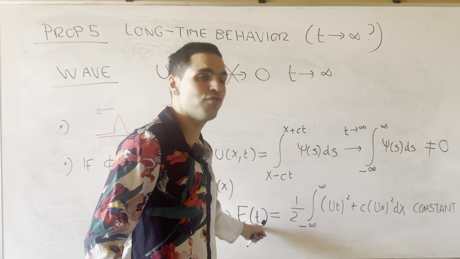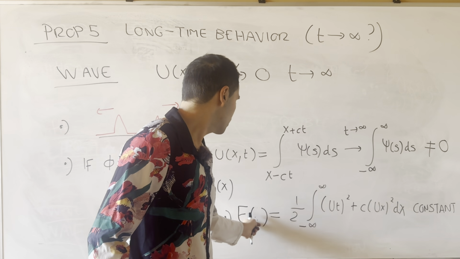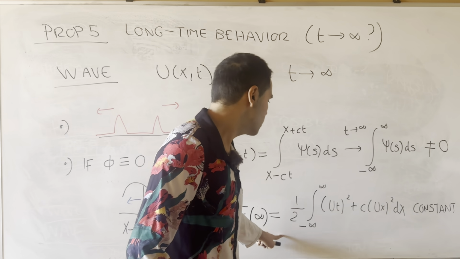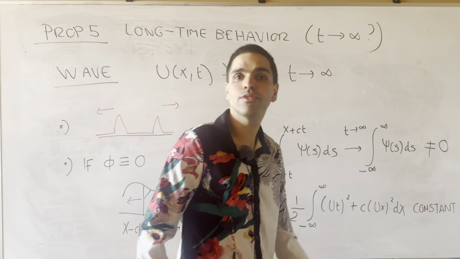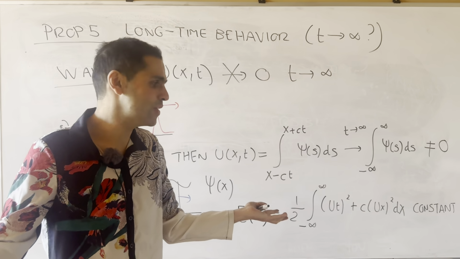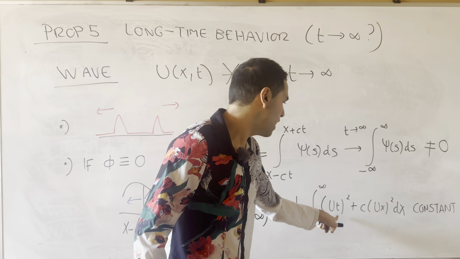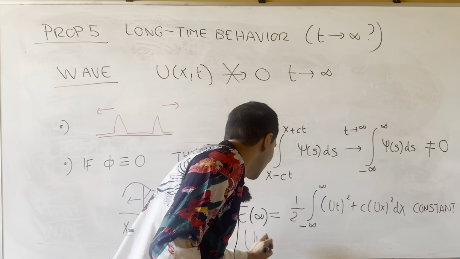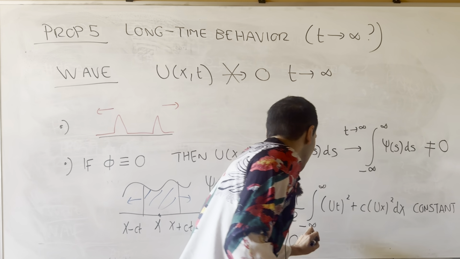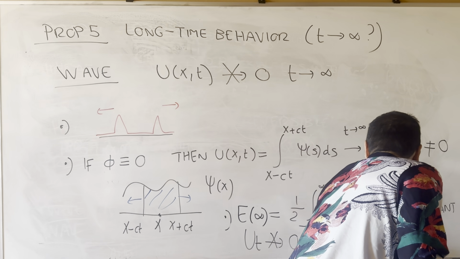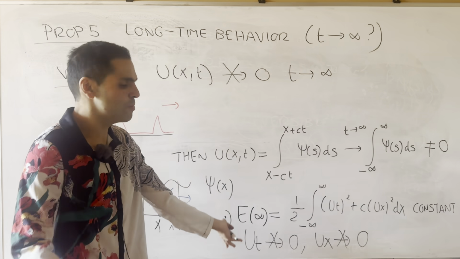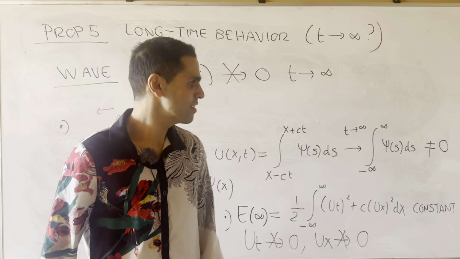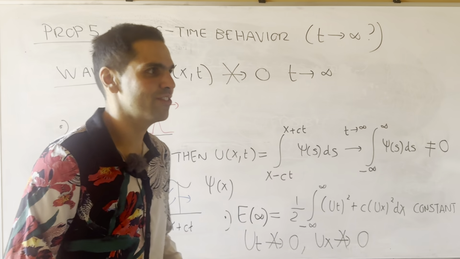If this is true for all t, it would be true for t equals infinity. So in particular, this whole integral at t equals infinity is positive, which tells you that either u_t or u_x cannot go to 0, because otherwise this integral would be 0. And in particular, this also implies that u cannot go to 0 as well. So once again, very, very different.